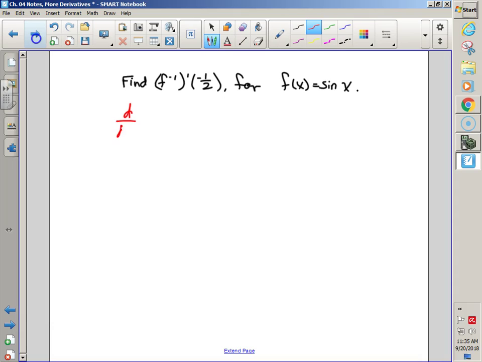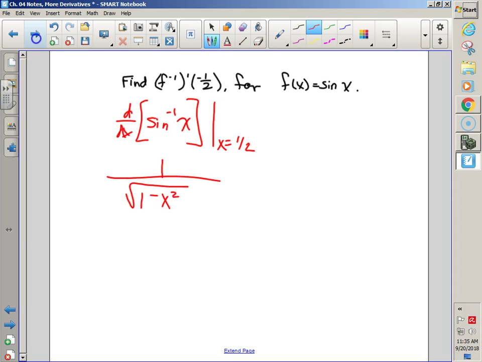Couldn't I just find the derivative of sine inverse of x such that x equals 1/2? And couldn't that be 1 over the square root of 1 minus x squared? So couldn't I have plugged in? Then couldn't I have simplified?